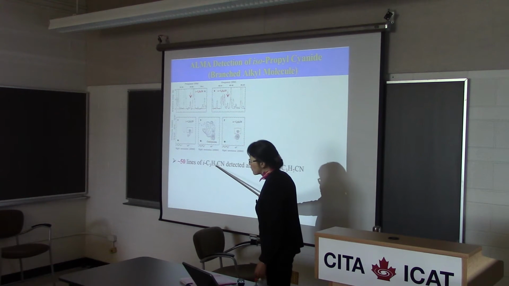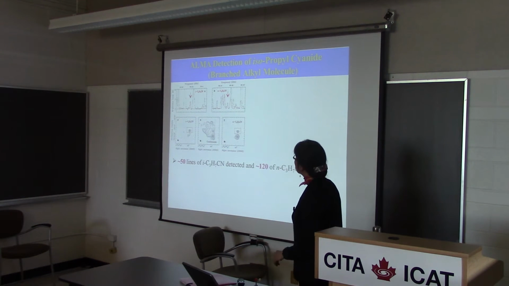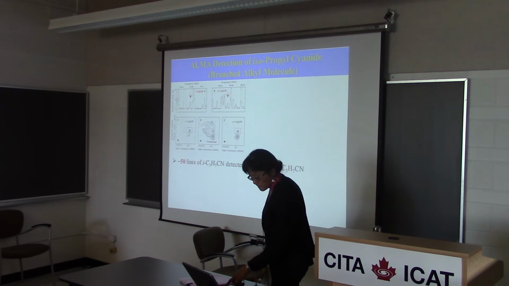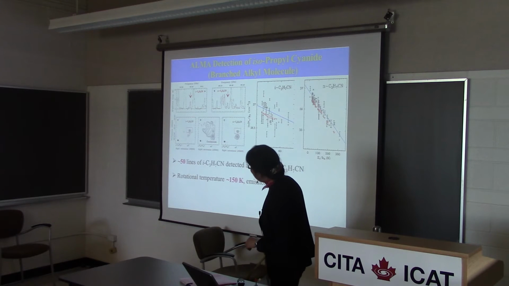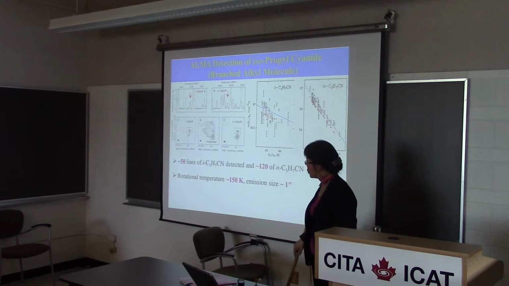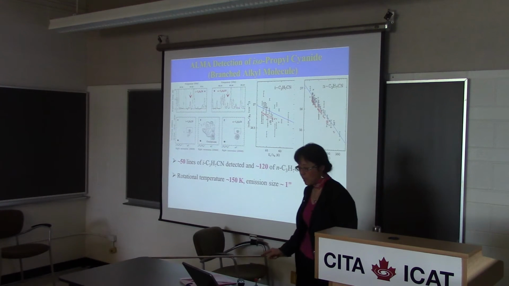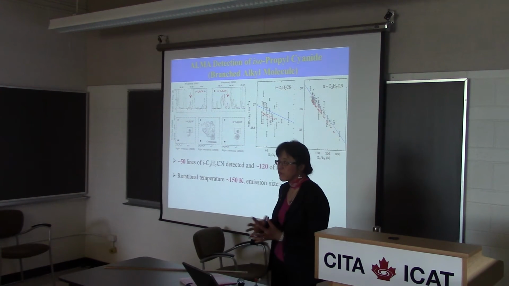So we believe we have conclusively identified the isoform of this species in the ALMA spectrum of SgrB2 in the second North core. From that, we can similarly do the population plot and determine the temperature. Rotational temperature is about 150 Kelvin with an emission size of about 1.